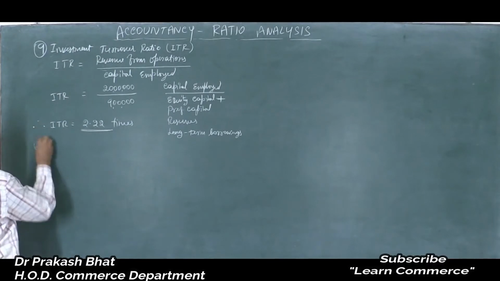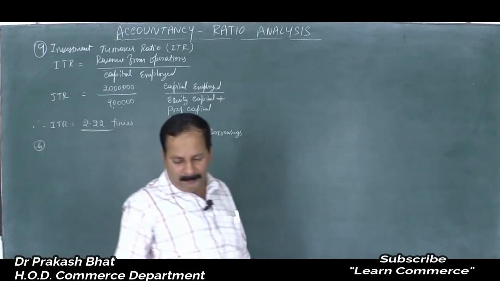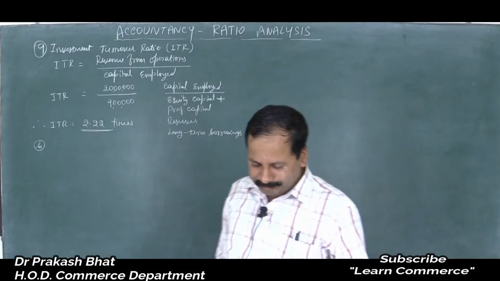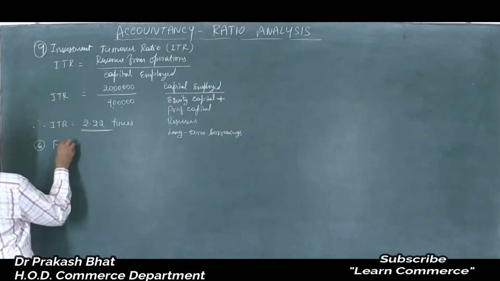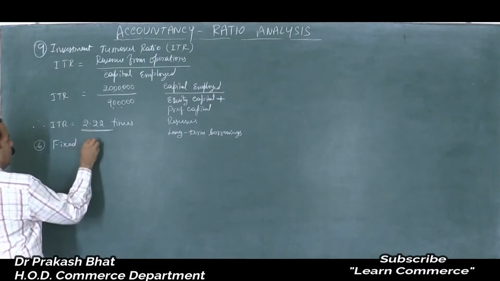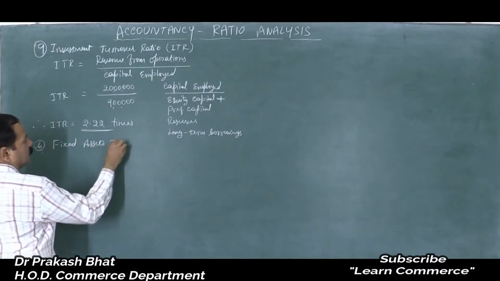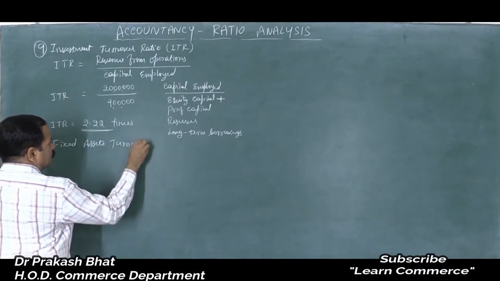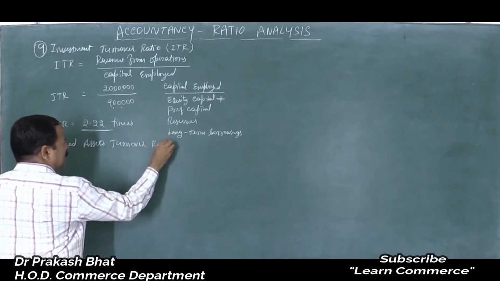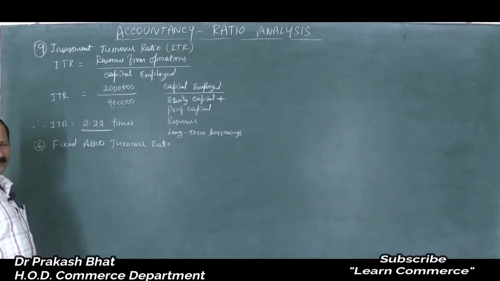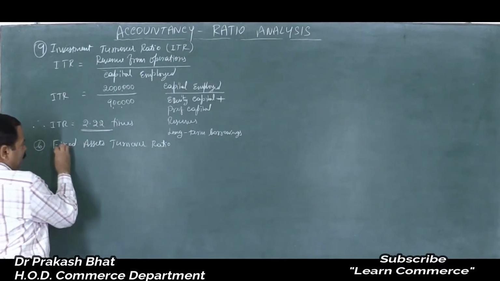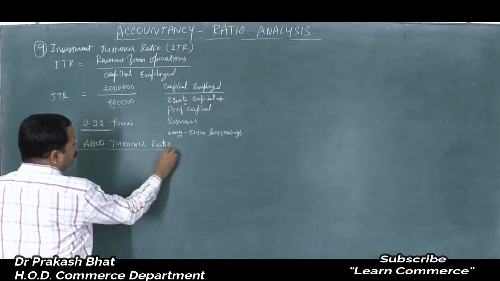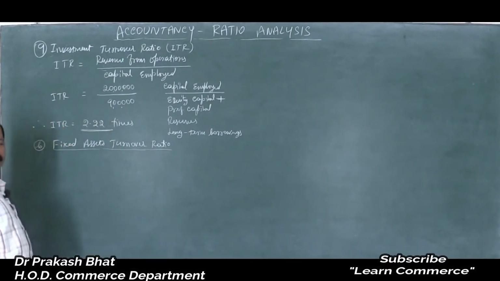Now let us move on to the second ratio, that is fixed assets turnover ratio. Nothing is there, simply formula and substituting the figures, that's all. Nothing to teach here, isn't it? What to teach here? If a new word comes across, then I have to explain, that's all.